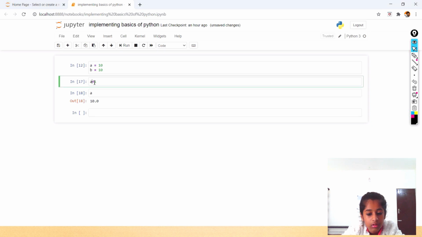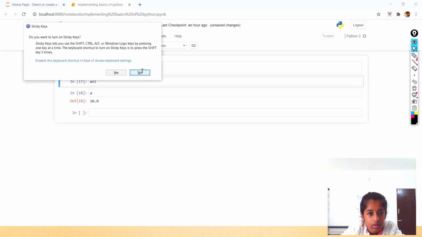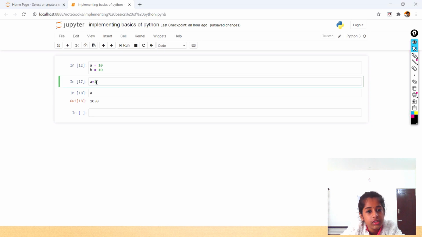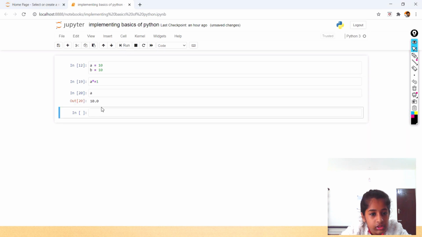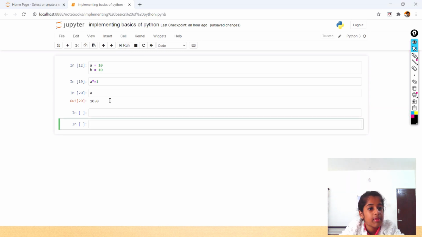Other things you can do, just do the same for multiplication too. Let me just show you. A is equal to A multiplied by 1. That's going to be 10.